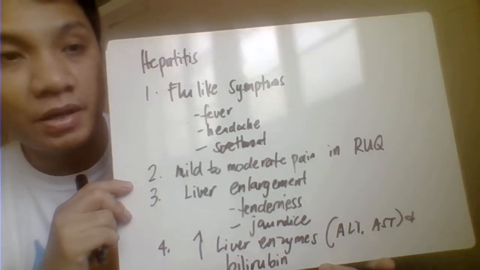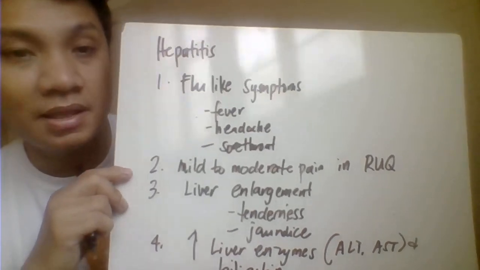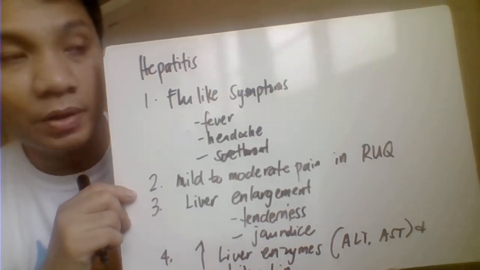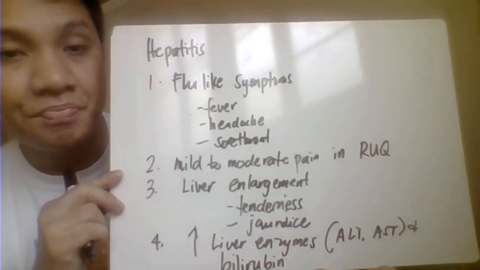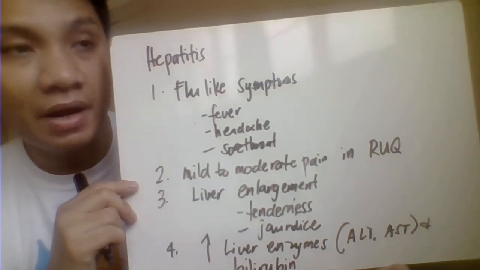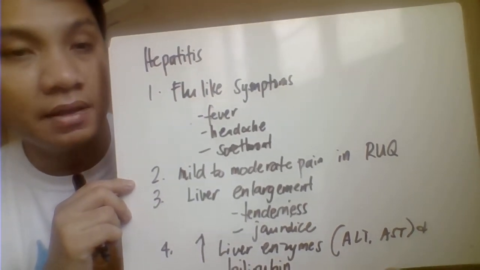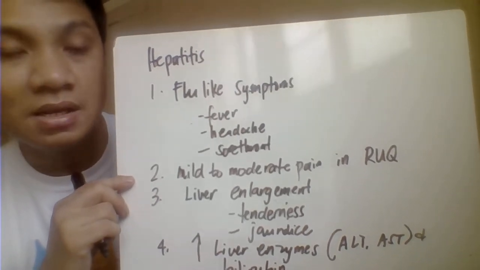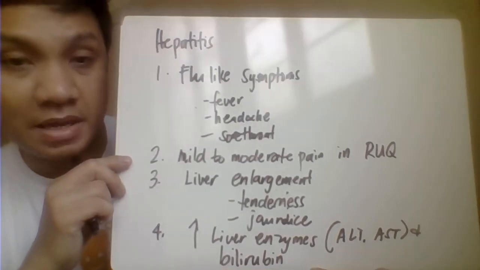Then the patient would have liver enlargement, that's hepatomegaly, with jaundice manifestation and tenderness of the liver. And finally, the patient would have increased liver enzymes, ALT and AST, alanine aminotransferase and aspartate aminotransferase, and also your bilirubin.